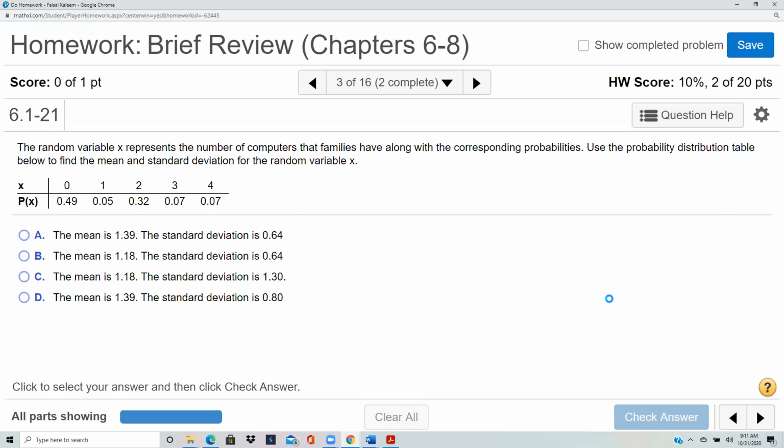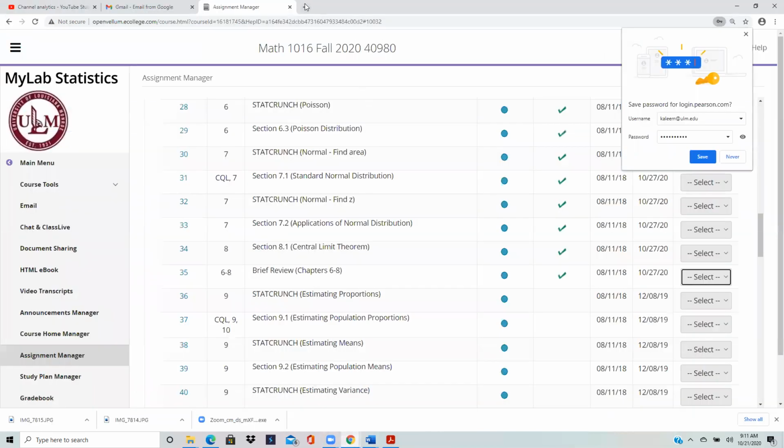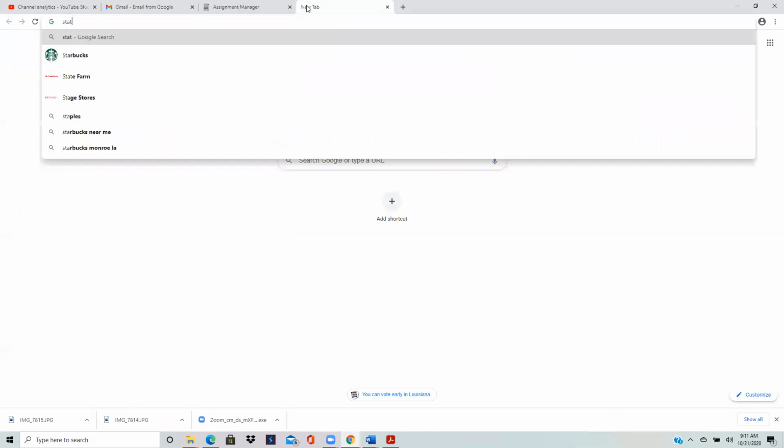Since they don't give you the window, you have to copy the data yourself. So statcrunch.com.